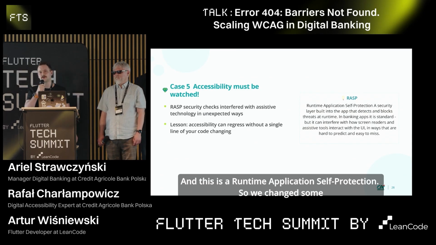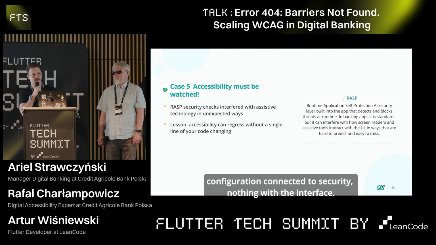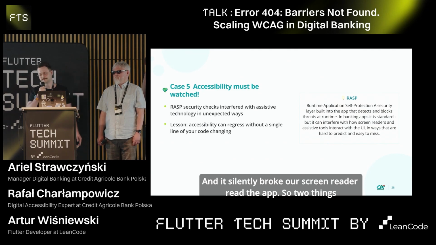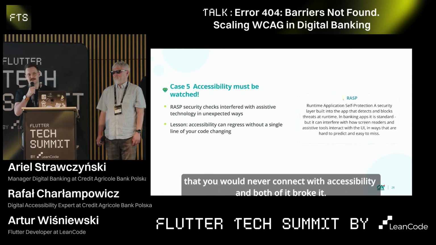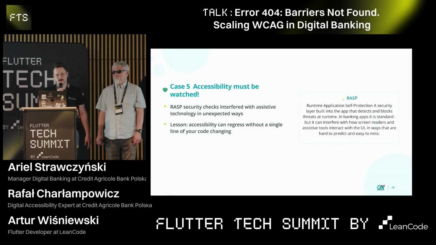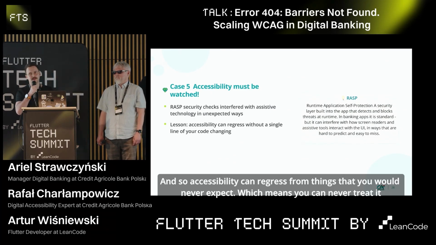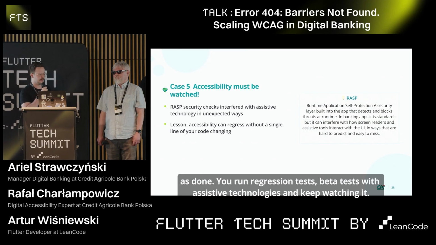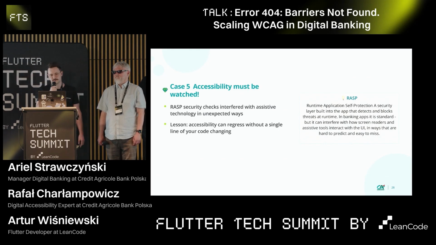We changed some configuration connected to security, nothing to do with the interface, and it silently broke how our screen reader read the app. So two things that you would never connect with accessibility, and both of them broke it. Accessibility can regress from things that you would never expect, which means you can never treat it as done. You run regression tests, beta test with assistive technologies, and keep watching it.